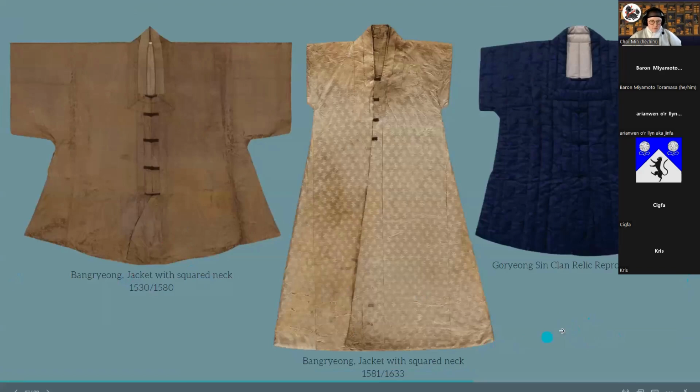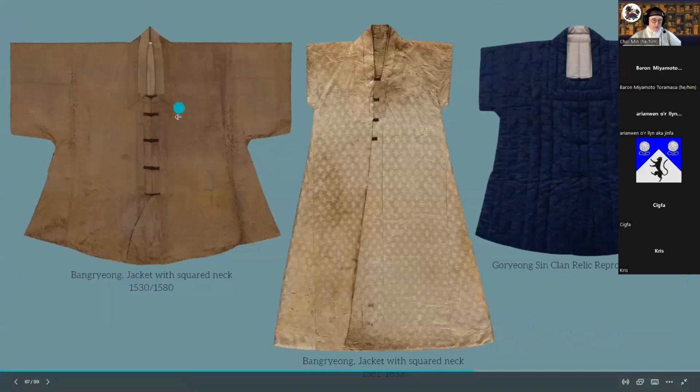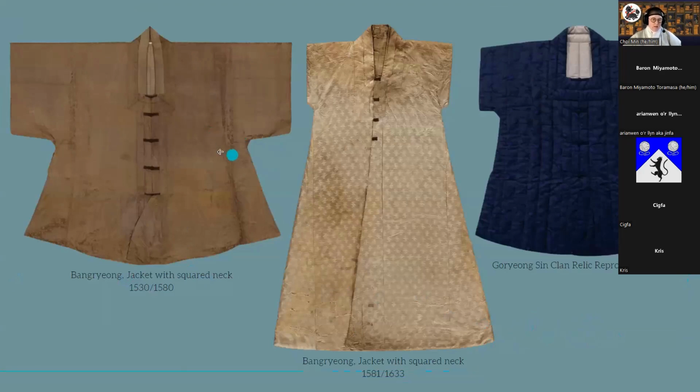So here's some vest options. Here's an extant one, and this is super wide. Real life armpits would probably be around here, and then it's supposed to have this much bagginess, and this is 1530 to 1580.